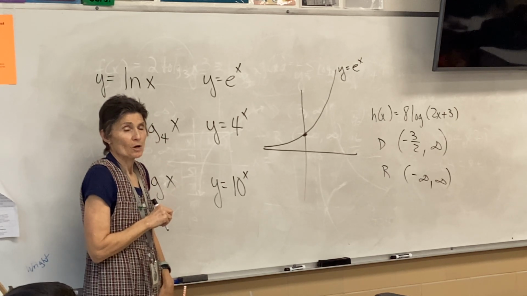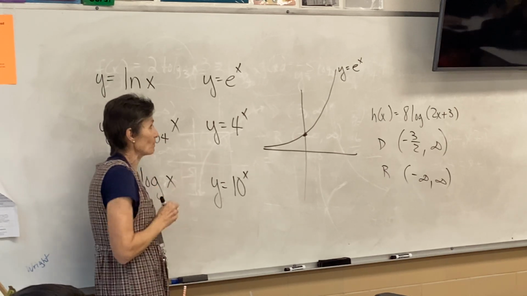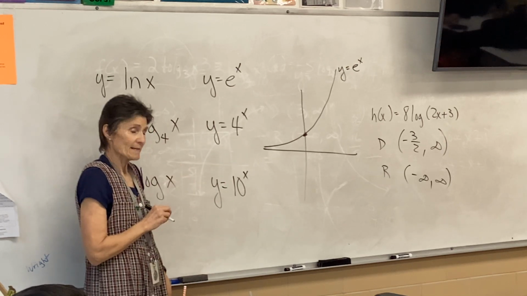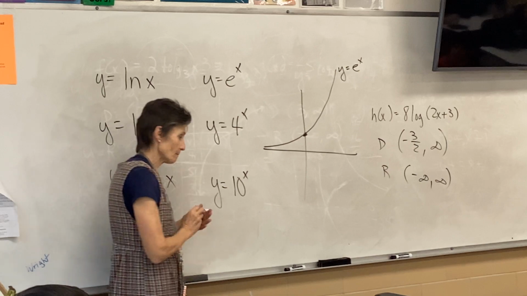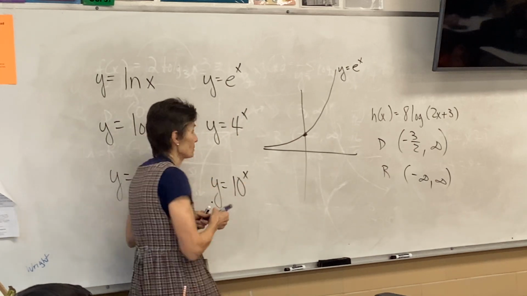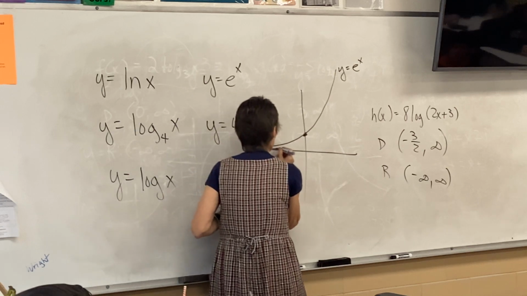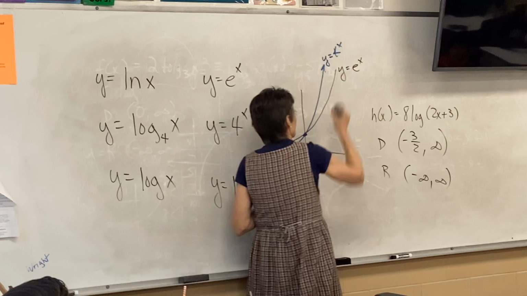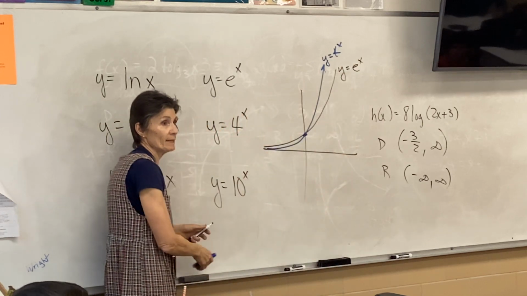So if I now on that same grid step 4 to the x, what's that going to look like? It's going to go up faster. Isn't 4 to the x going to go up faster? So it's going to actually look like this. Would you agree with me?